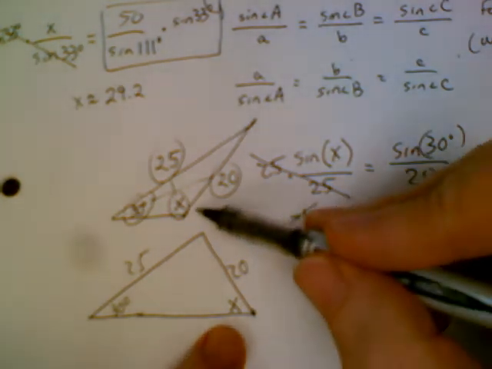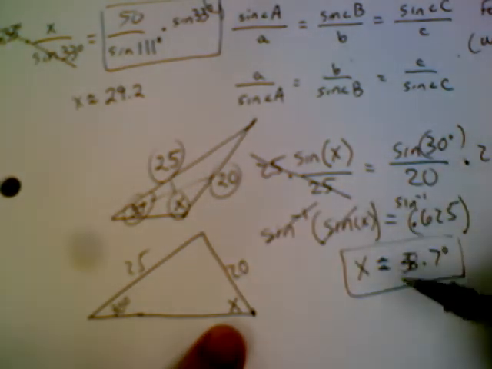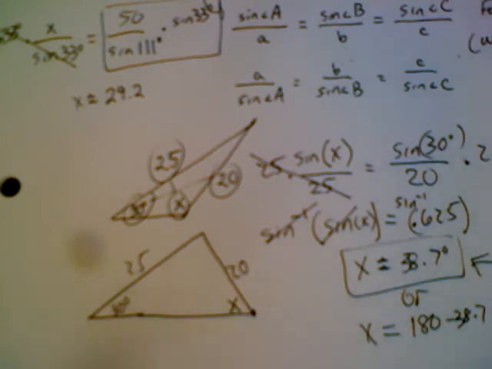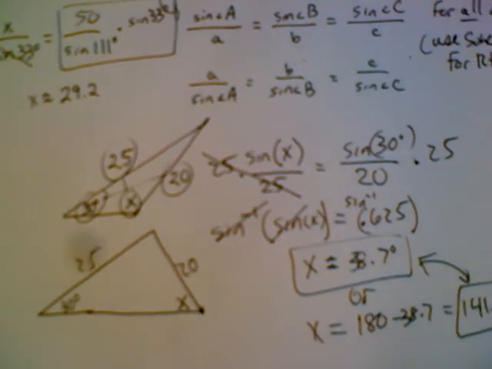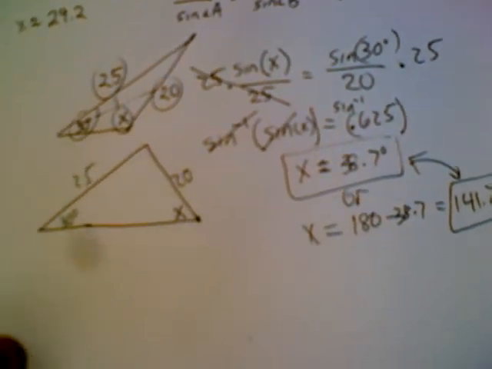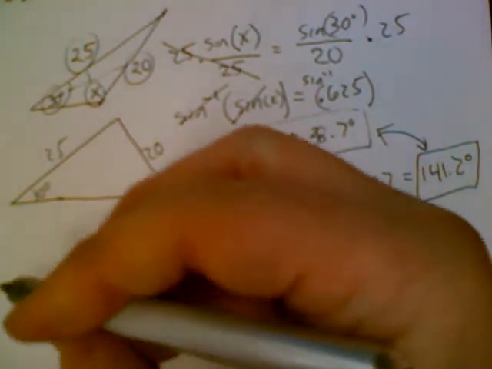There are two possible values for x. 180 minus the 38.7 equals 141.2 degrees. Two possible solutions. I'm sorry, that went off camera there. 38.7 or 141.2.